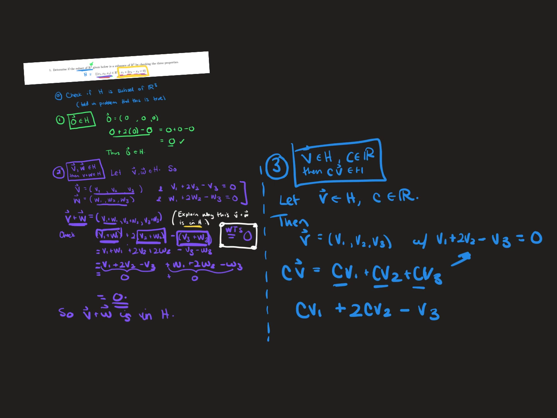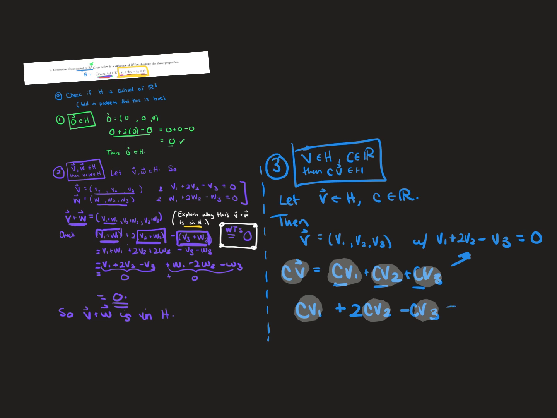So that was my rule that I got for H in the beginning. That needs to equal 0. So for this vector, its first thing plus 2 times its second thing minus its third thing, if I can show that's 0, then I know I'm in my set.